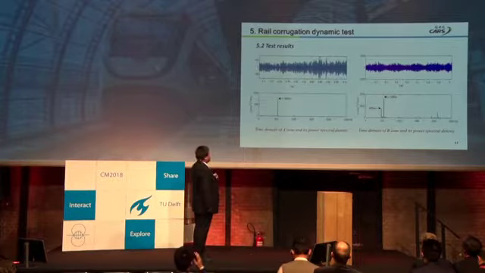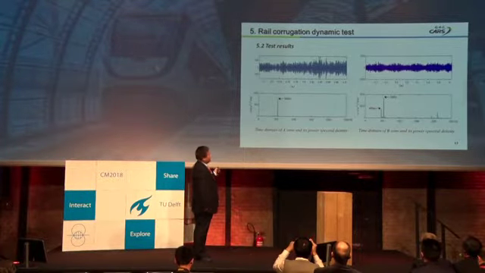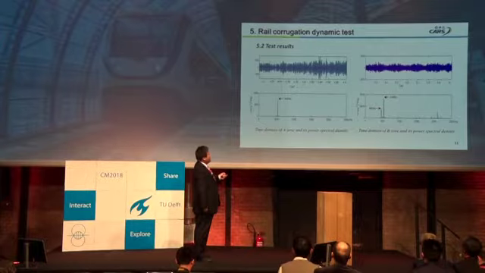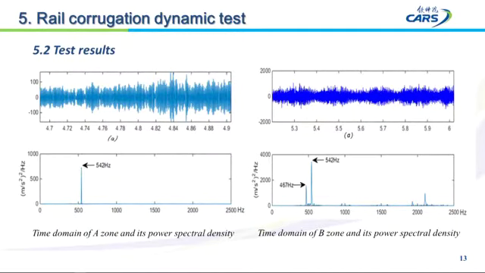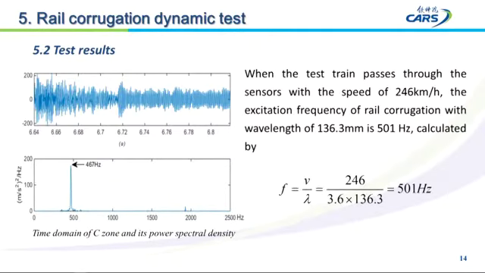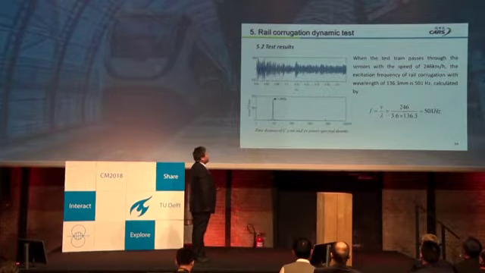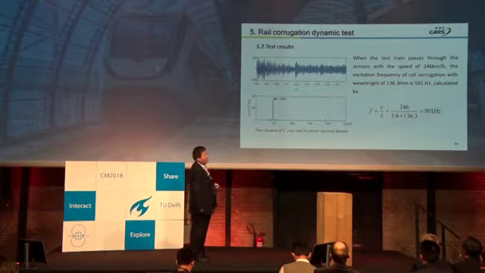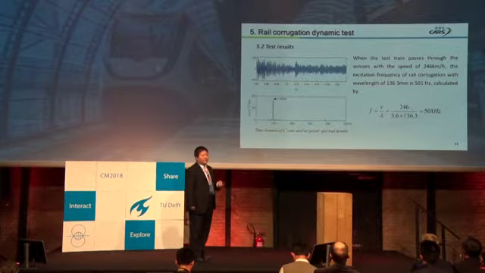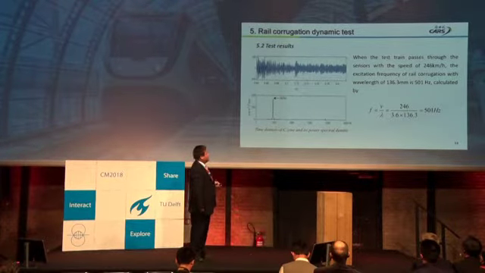We found there is only one frequency in zone A, two obvious frequencies in zone B, and only one in zone C. When the test train passes the sensors at 246 kilometers per hour, the excitation frequency of rail corrugation with a wavelength of 136 millimeters is about 501 hertz, calculated by the classic formula.